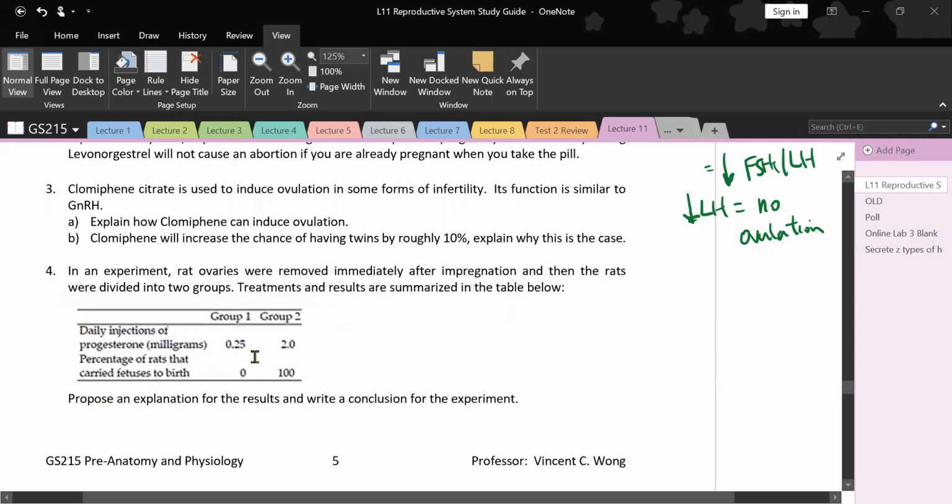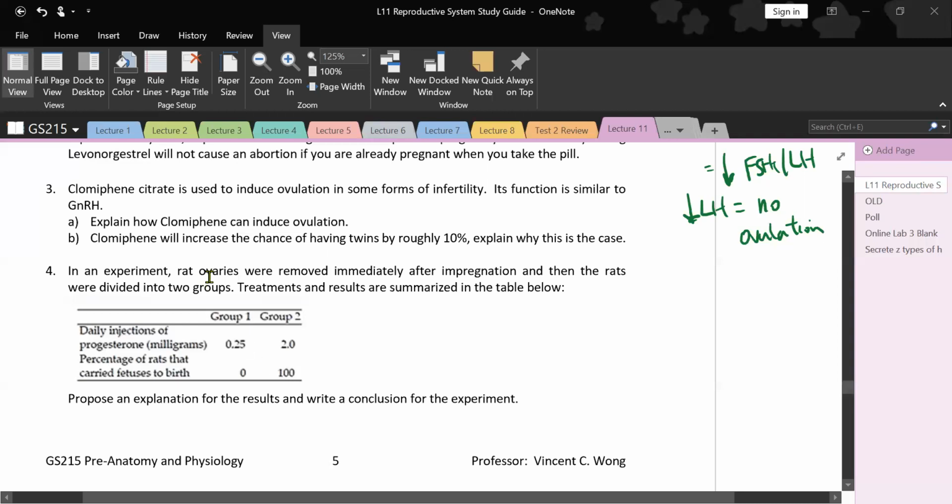So over here we have group 1, and they will receive daily injections of 0.25 milligram of progesterone, and none of them is able to carry the fetus to birth. Whereas if you give them 2.0 milligram of progesterone every day, then all of the rats are able to carry the fetus to birth. I mean, this is the expected result, right?